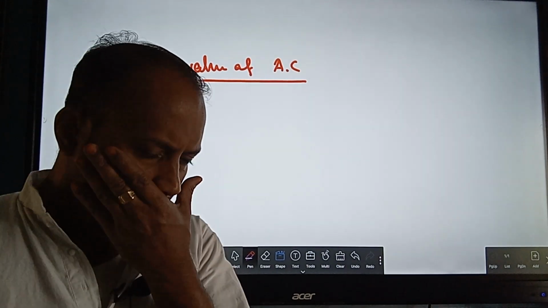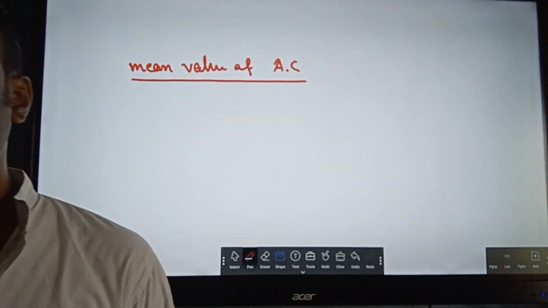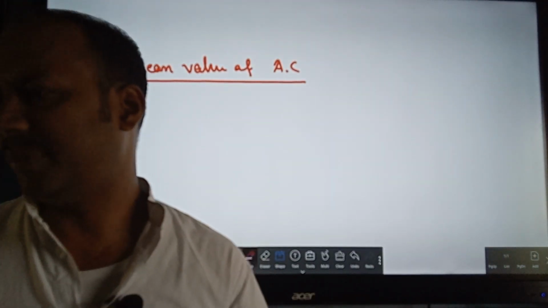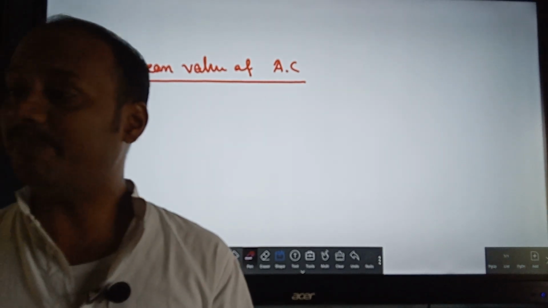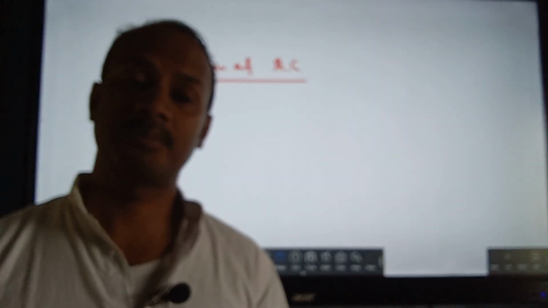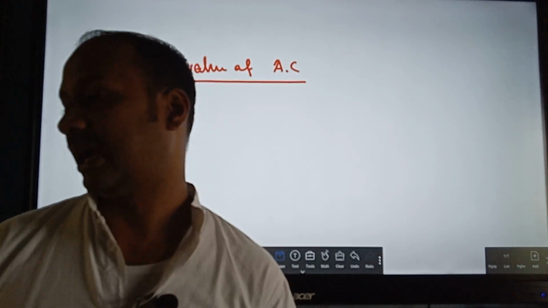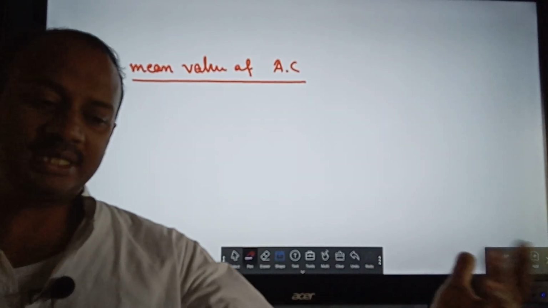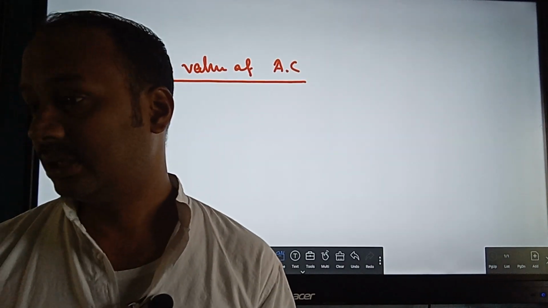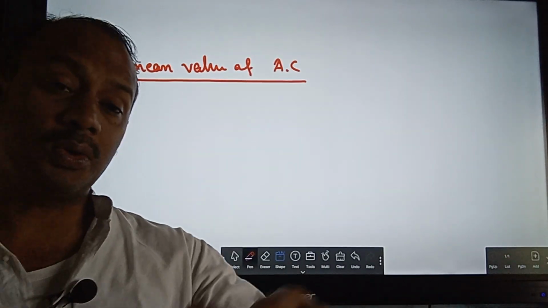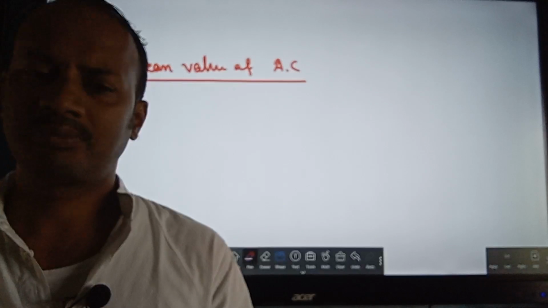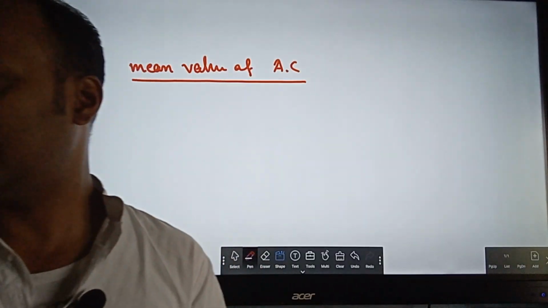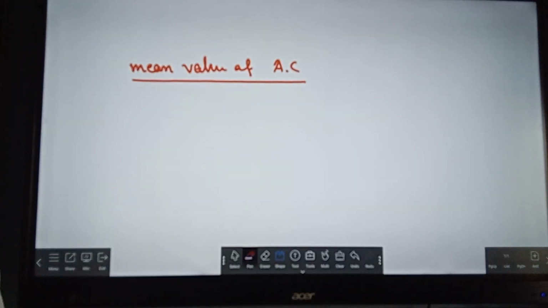So the definition of the mean value is that the mean value of an AC is that value of the steady current which sends the same amount of charge through a circuit for a given time interval T by 2.